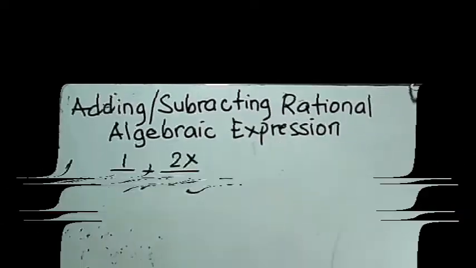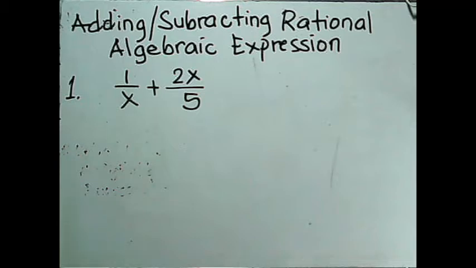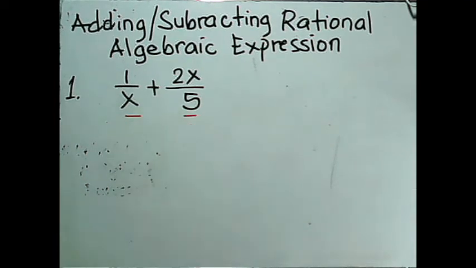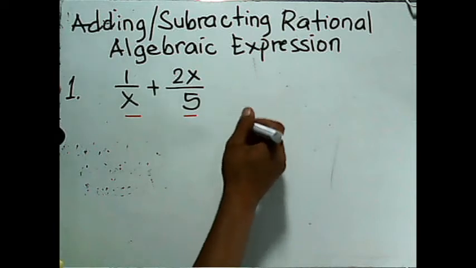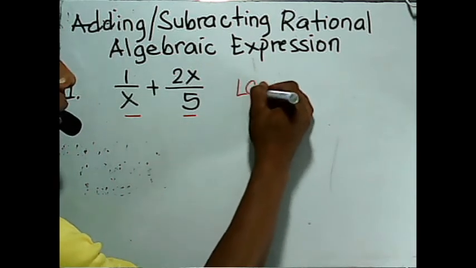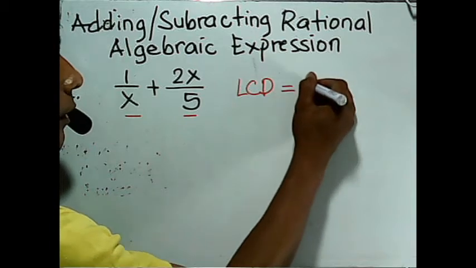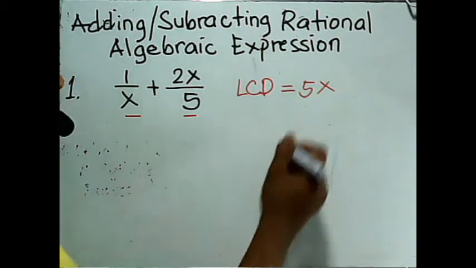The first step is to find the least common denominator. We find it by multiplying the denominators. So x times 5 is 5x. So our LCD is 5x.